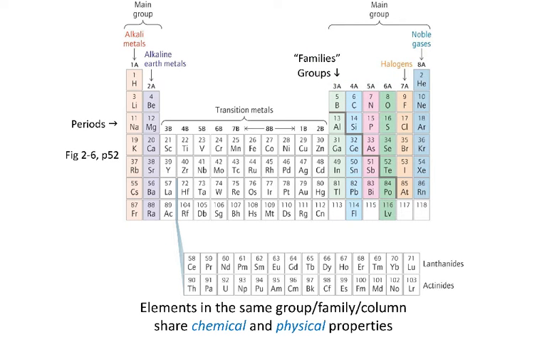Another thing to notice is that the A designation indicates the main group columns.